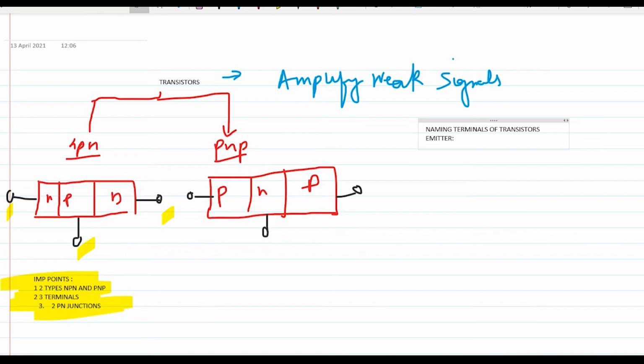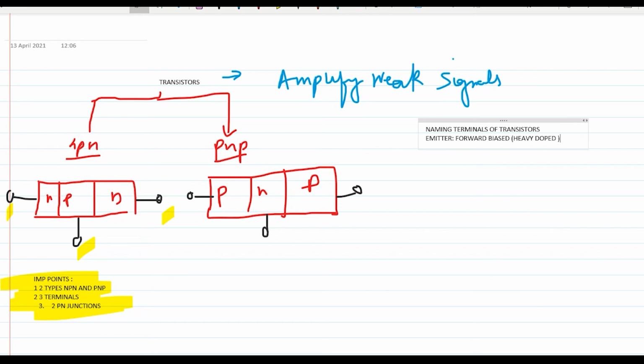So it is always forward biased to ensure the flow of current. Being a source, it is heavily doped, because we need a greater concentration of majority charges, which we will discuss later.